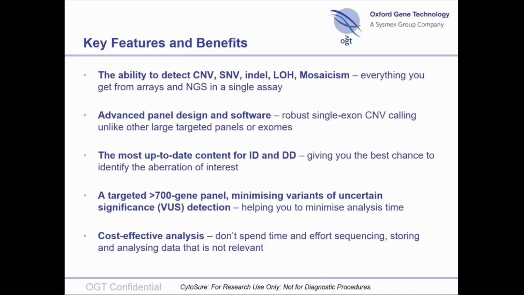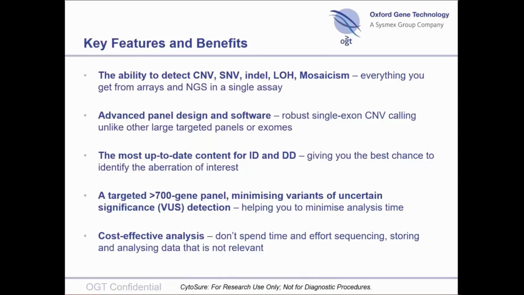A panel is only as good as the analytical software pipeline that you have. So we have an in-house software called Interpret, which is very powerful and has been designed to robustly and accurately call CNVs from NGS data. We have the most up-to-date content for ID and DD analysis. We've worked very hard, as I said before, to gain the most information about the genes responsible for IDDD, and we're the most current out there.